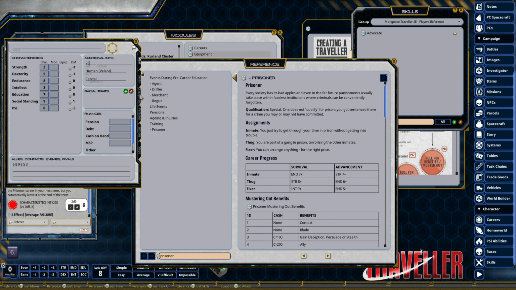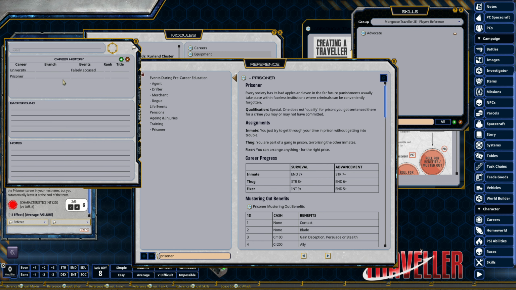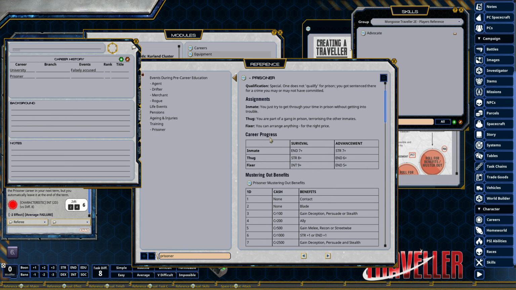Now that I am a prisoner, I have to choose my assignment. Do I want to be an inmate, where I just try to get through my time in prison without getting into trouble, a thug, where I'm part of a gang, or a fixer, where I can arrange anything for the right price? You know what? Fixer sounds great. Fixer sounds like it's going to be perfect for me.